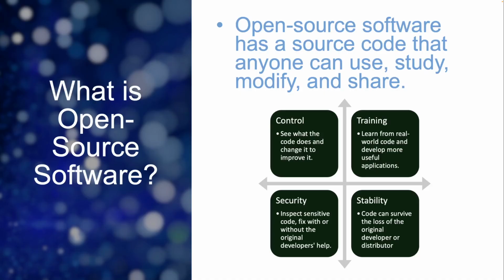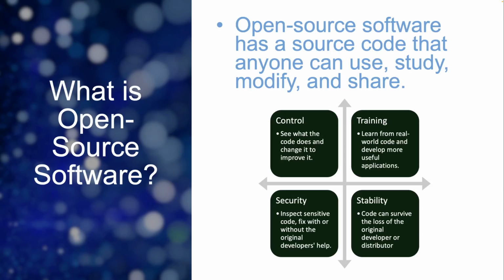What is open source? Open source software is code that anyone can use, study, modify and share. There are 4 benefits of open source that you need to remember. First of all, it's control. You can see what the code does, change it and improve it. Training is the second.